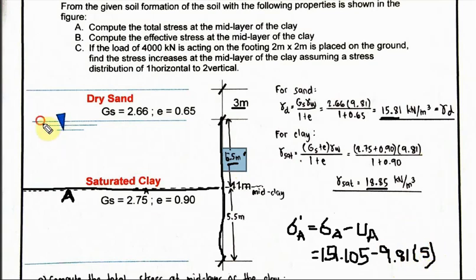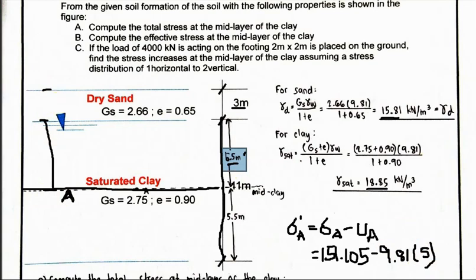Since we all know na at this point it contains water or a high percentage of water content, while on the above layer diri is wala kayo siya. It's because ang atong water table is located below this point here or below this layer.